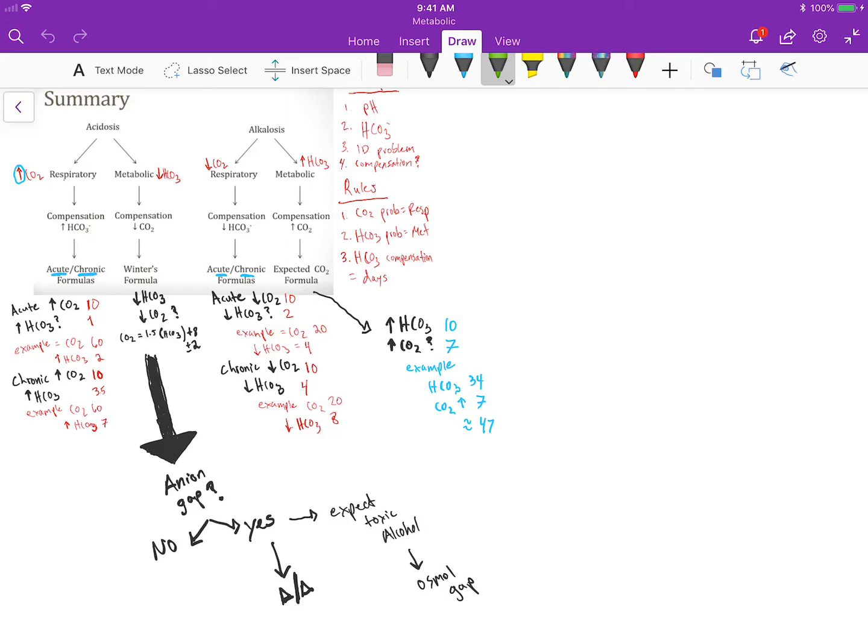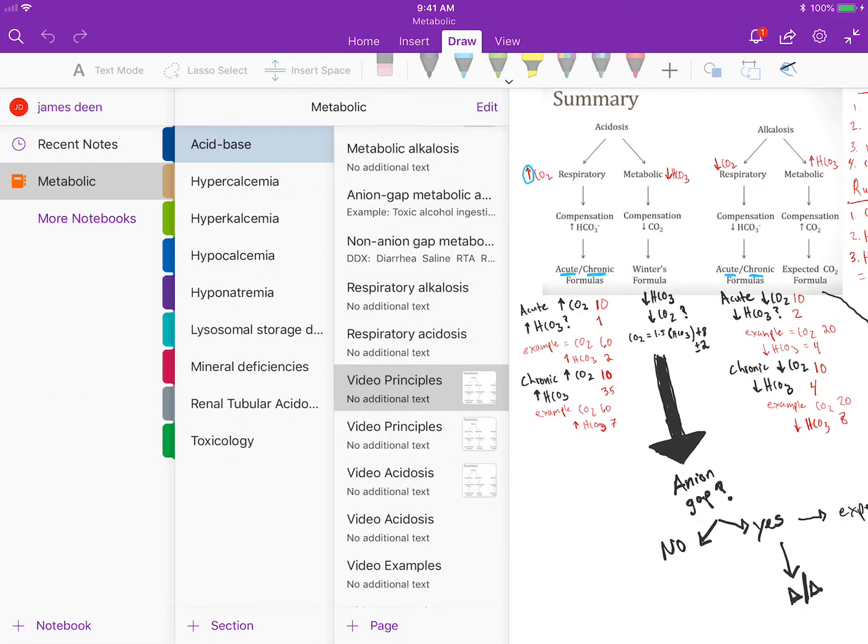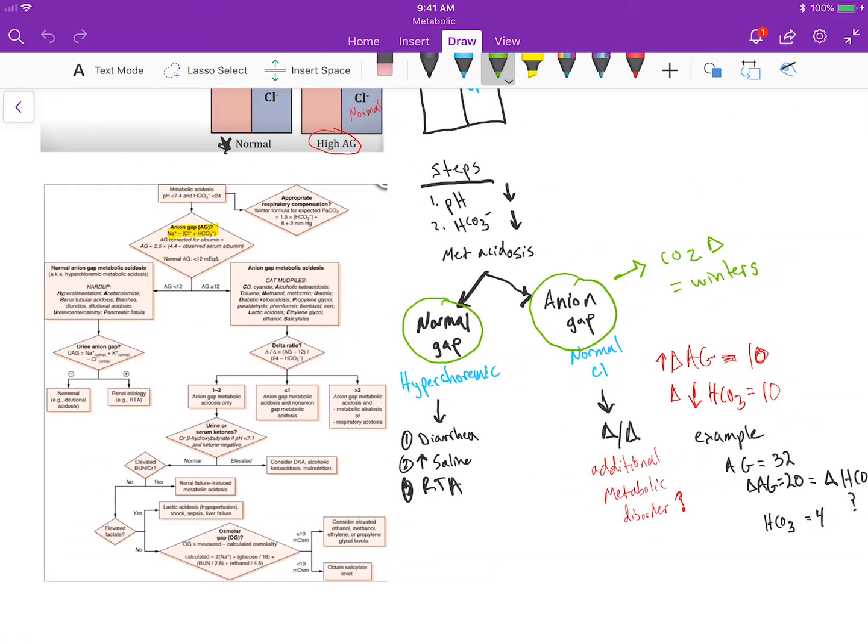We've already been through the understanding of what that means. Last thing is that if you suspect a toxic alcohol ingestion, that's when you would calculate an osmol gap. And again, I highlighted here in green that you could apply Winter's formula really at any time to both normal gap and anion gap. It just doesn't matter, and that's the point I wanted to make here.